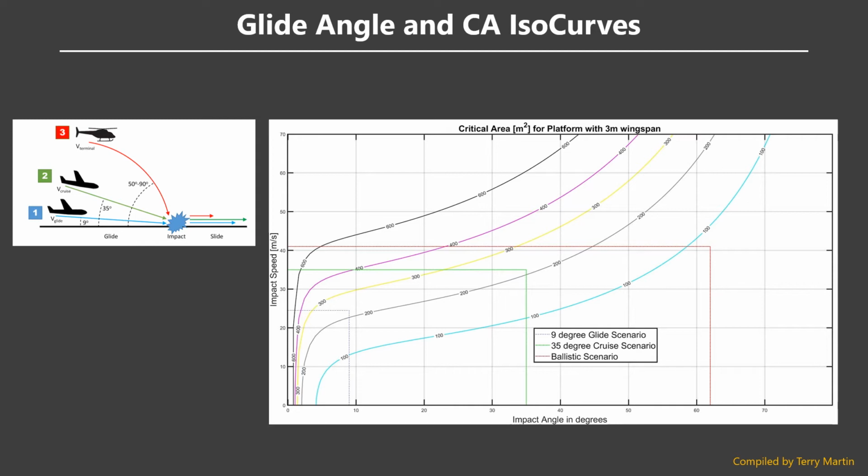And what we did is we worked through and created ISO curves for each glide scenario, or each scenario at the different angles, and then looked at what critical area the combination of impact speed and impact angle created. And we did that for every single platform in the band, so 1 meter, 3 meter, 8 meter, etc. And what you're seeing there is an example of ISO curves for 3 meters, and also you can see there's some velocity selections that coincide with the velocities that were ultimately chosen in the table as caps.